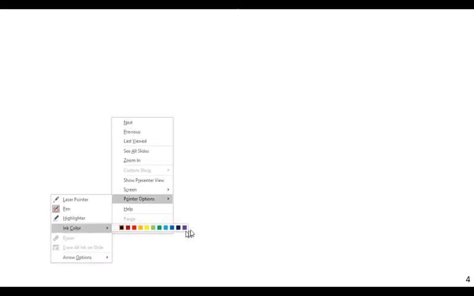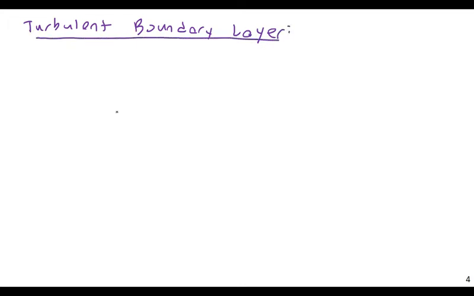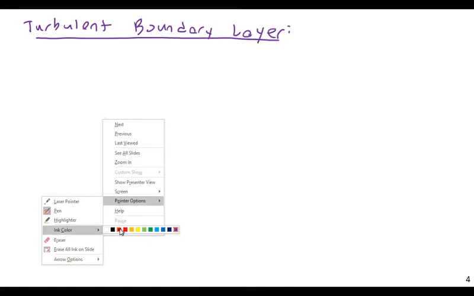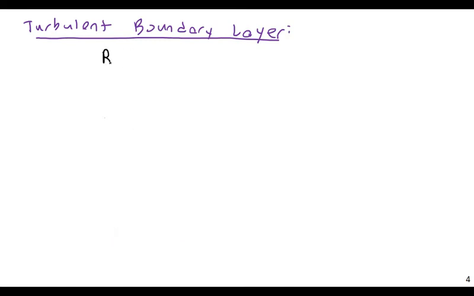Okay, so then for the turbulent boundary layer, again, it's the same Reynolds number, evaluated at x equals L, equal to VL divided by nu, and this needs to be greater than 10 to the 6th.